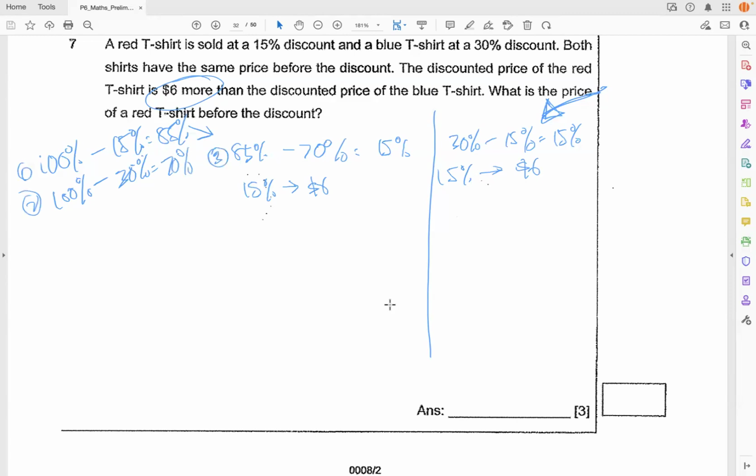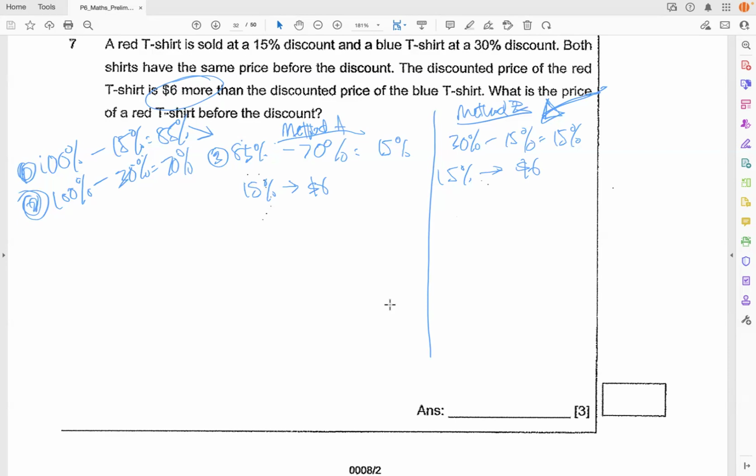You have to show how you get your 85% and 70% when the question does not have that value. If you want to do method 2, which is just 30 minus 15, okay?